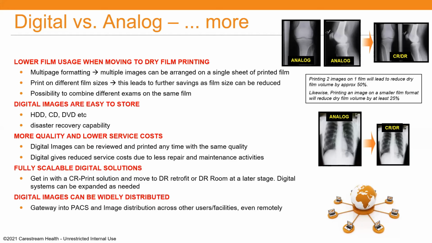The printer can handle from 35 by 43 centimeter size down to 20 by 25 centimeter size. So you can accommodate the image on the film size you want, and this also helps to make some savings. Then there are a lot of other elements that have been discussed before, so I'm not going through all of them. Let's move forward.